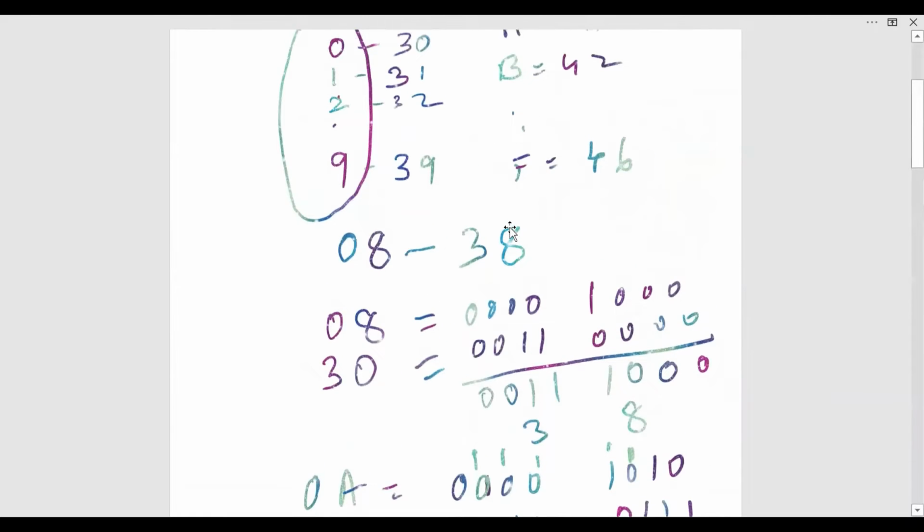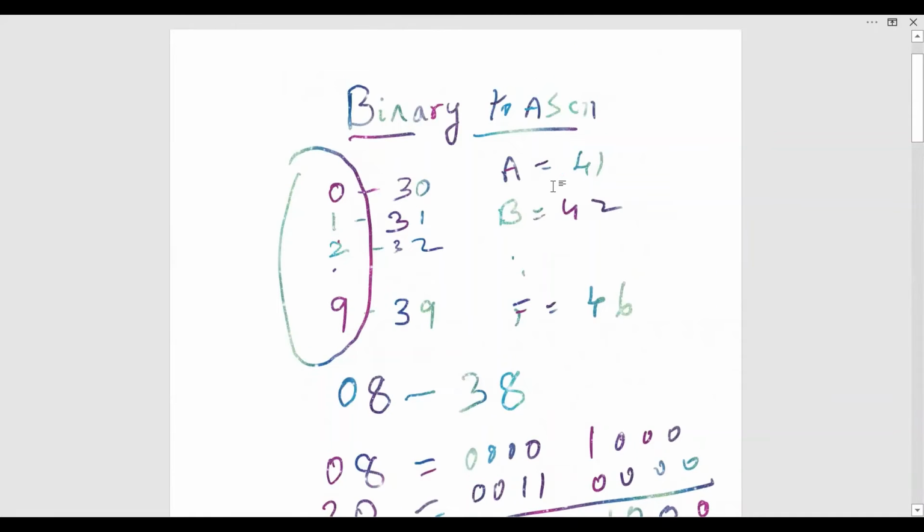So to get the ASCII values of the hexadecimal numbers less than A, that is 0 to 9, we must add 30. And from A to F, we need to add 37 to get their equivalent ASCII values.